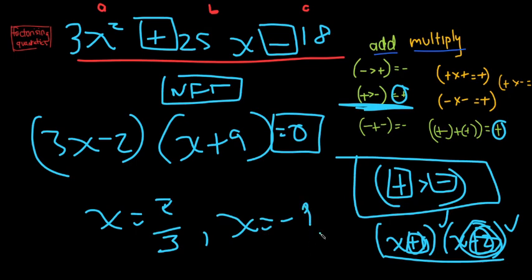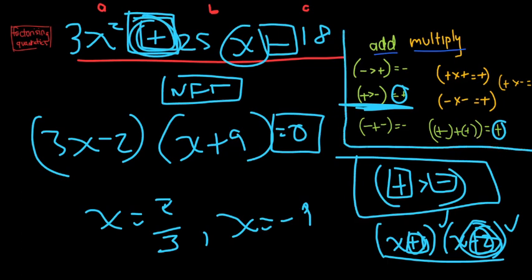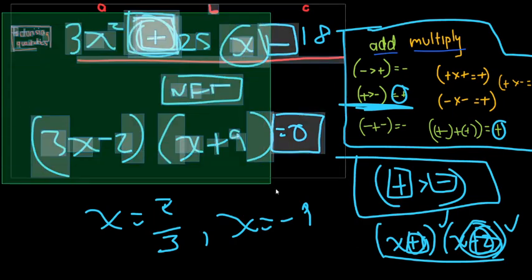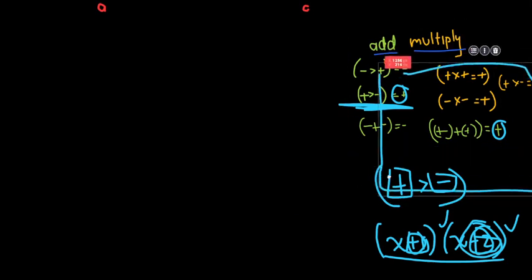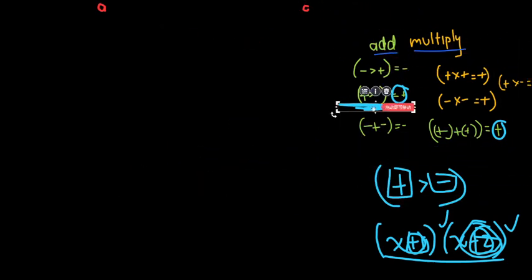I hope you enjoyed learning about how incredible it is and how important it is to analyze the symbols in front of the constant and the x value here. And I hope you can write the notes on this little thingy here about add and multiply. So let me just get rid of all of this here, so we can really highlight everything so you can understand it.